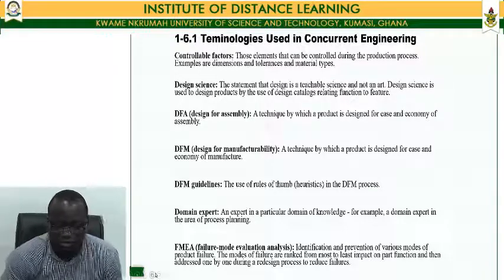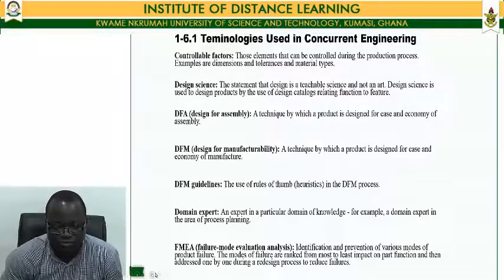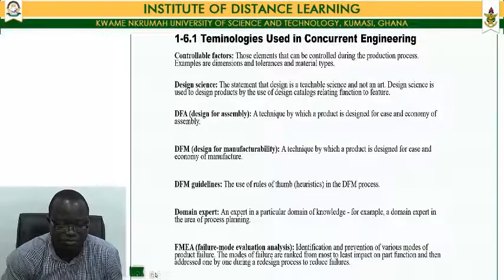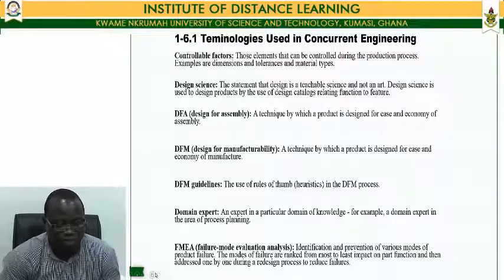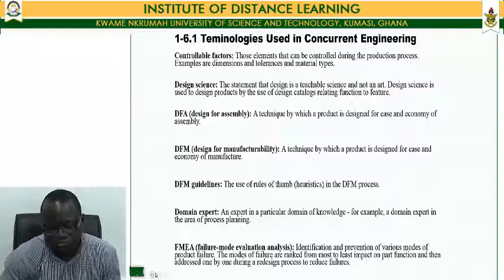We have what we call controllable factors. In concurrent engineering, we're talking about the elements that can be controlled during the production process. Examples are dimensions, tolerances, and material types. The other terminology we also talk about is design science.